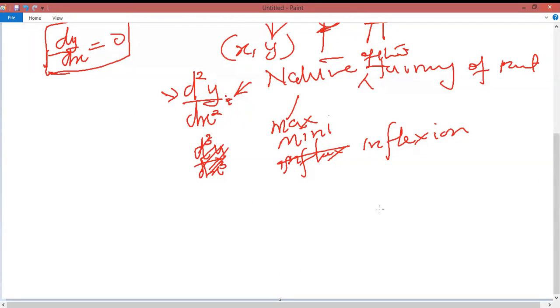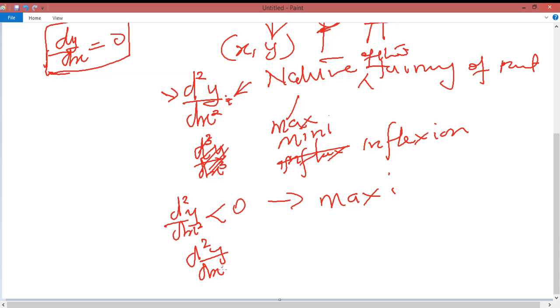And we learned that if the value of d squared y over dx squared is less than 0, that is negative, the point is maximum. If d squared y over dx squared is greater than 0, that is positive, we have obtained a minimum point. But if d squared y over dx squared is exactly 0, that's where we have inflection.